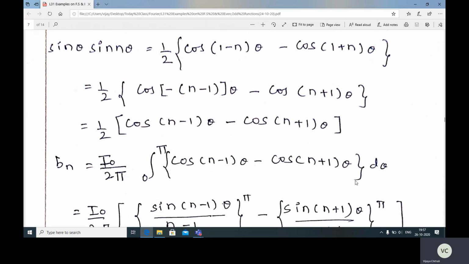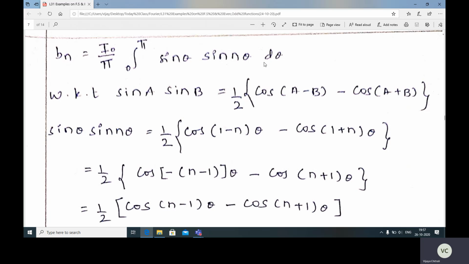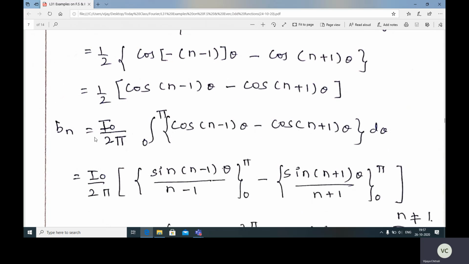Now in place of sine theta sine n theta, substitute this. Next step. So Bn is equal to I naught divided by 2 pi integration from 0 to pi cos n minus 1 theta minus cos n plus 1 theta d theta. Right.